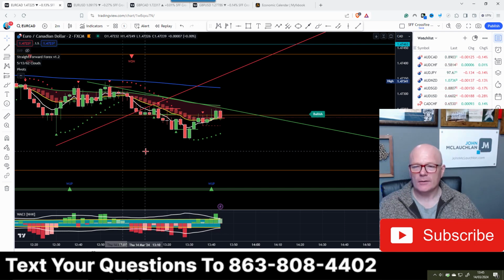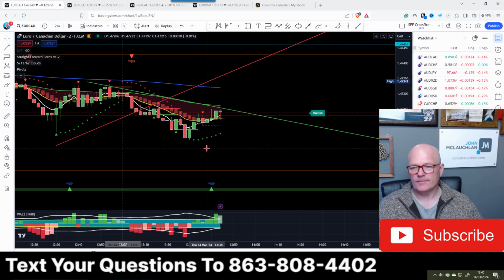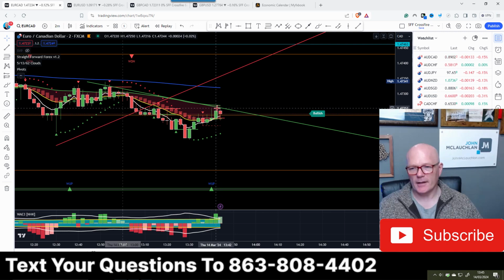So currently we've got the pivot, which is acting as resistance, well, it's acting as resistance for the buy. And of course this trend line is going to be resistance, so there's a lot of resistance in here.